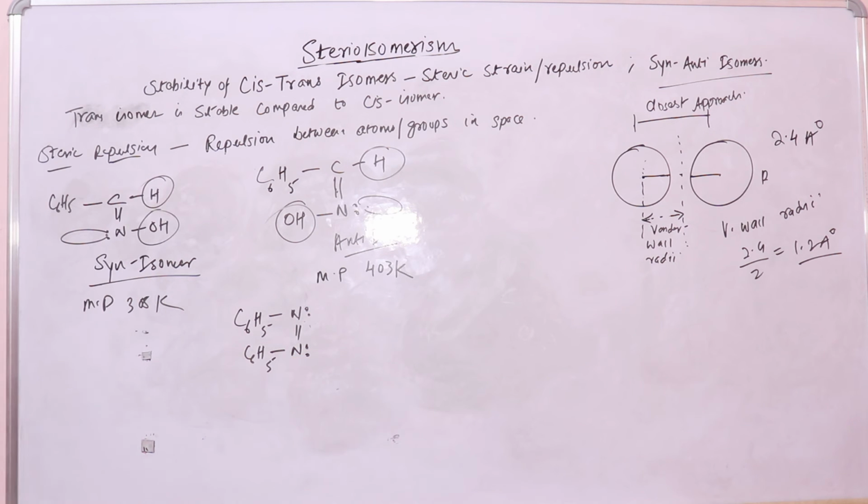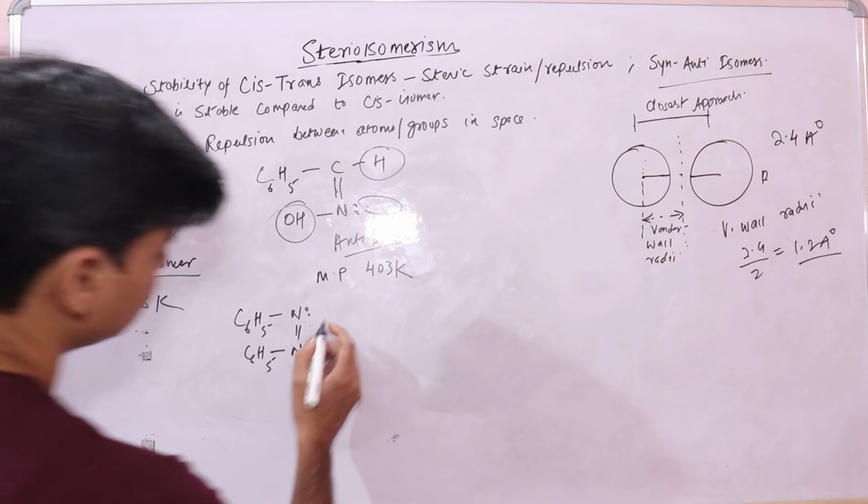This is your azo compound, this is your azobenzene. It contains a nitrogen-nitrogen double bond and shows geometrical isomerism. Its syn and anti form can be represented easily.